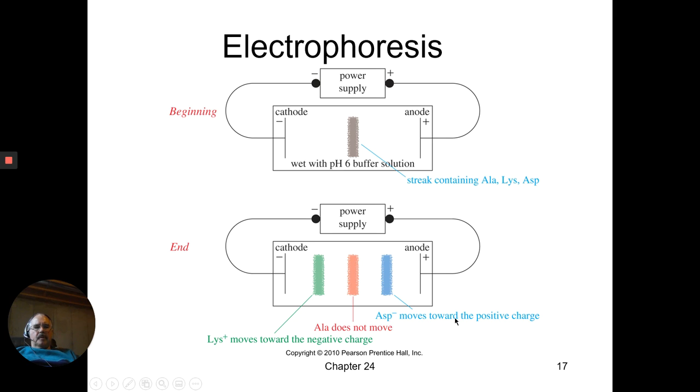Okay, aspartate moves toward the positive charge since it has a net negative charge, and lysine moves toward the negative charge since it has a net positive charge. Okay, opposite charges attract.